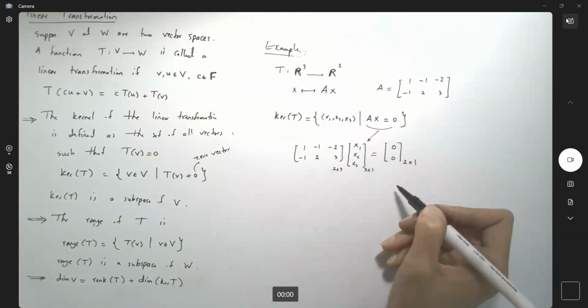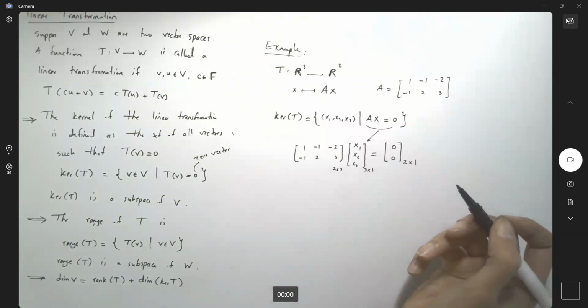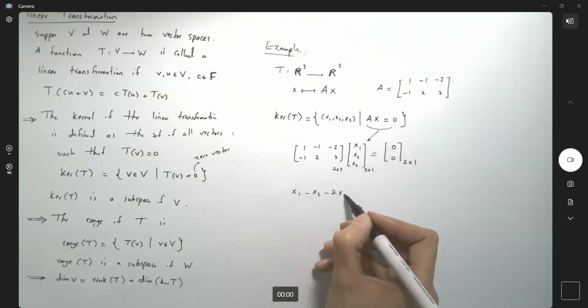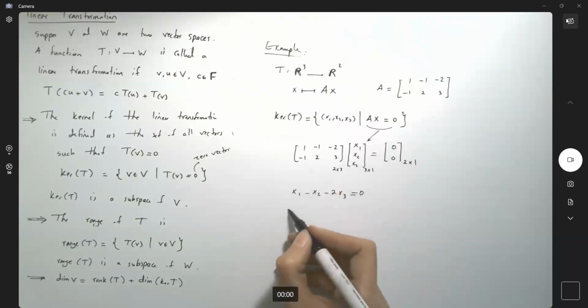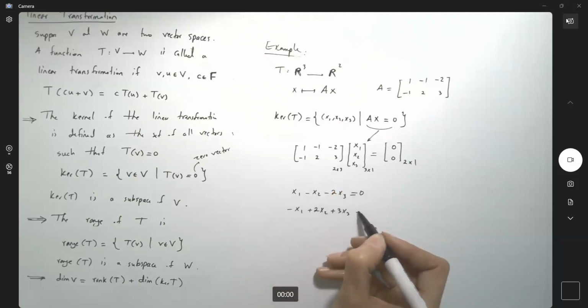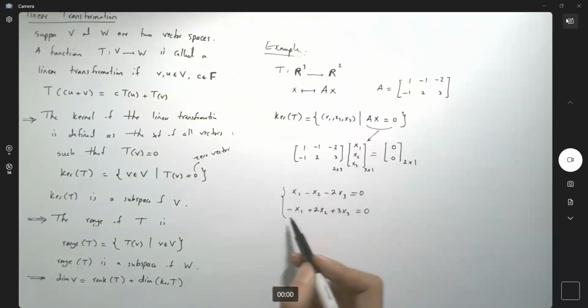the 0 vector. Very good. So here you have x1 minus x2 minus 2x3 equal to 0, and you have negative x1 plus 2x2 plus 3x3 equal to 0. You have 2 equations with 3 variables.